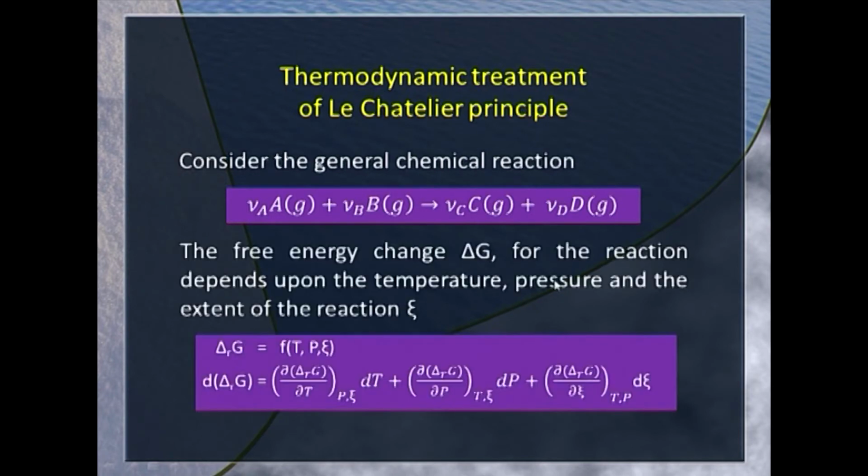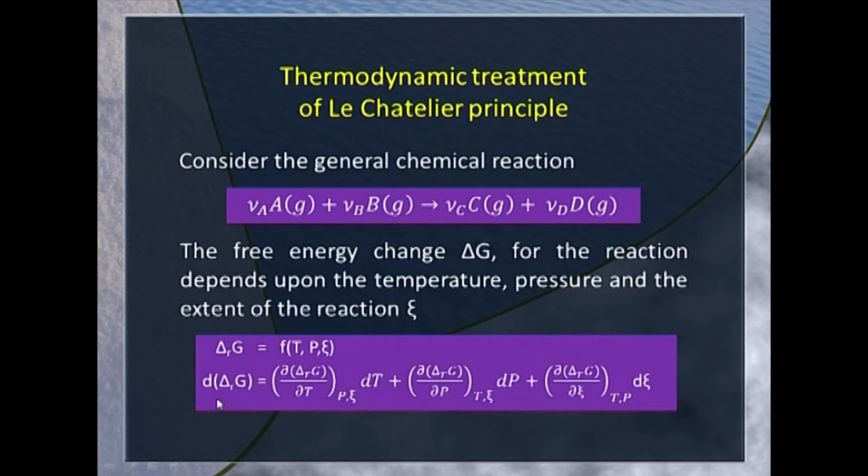The free energy change is going to depend upon the temperature, pressure and extent of the reaction. Extent of the reaction we have already discussed in the earlier classes. So, extent of the reaction is dependent on the delta G.